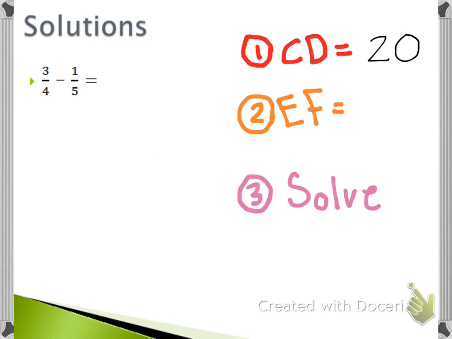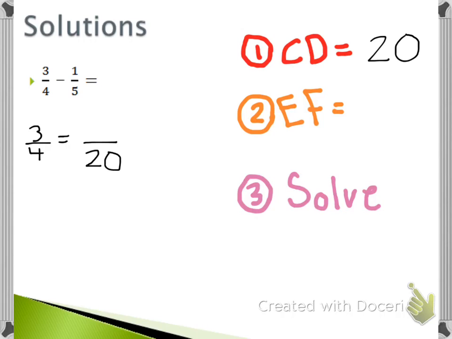And so now I can move on to step 2, which is to find the equivalent fractions. So I need to rewrite 3/4 as an equivalent fraction that has 20 in the denominator, because that's the common denominator. So just like before, I'm looking at the 4 in 3/4, and I'm asking myself, okay, what do I have to do to that 4 to get 20?